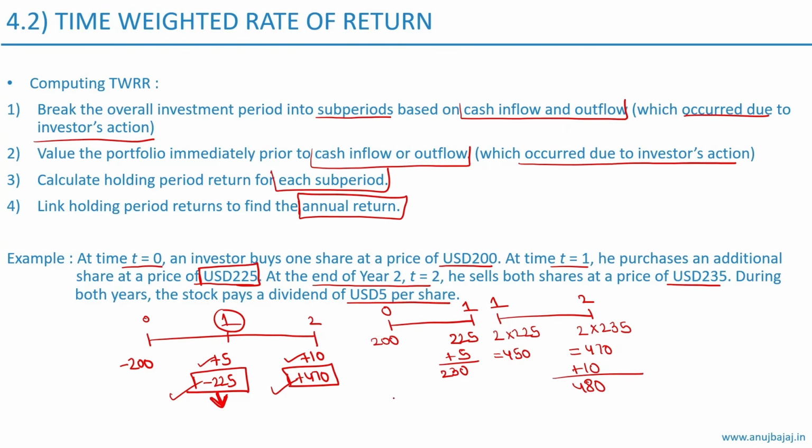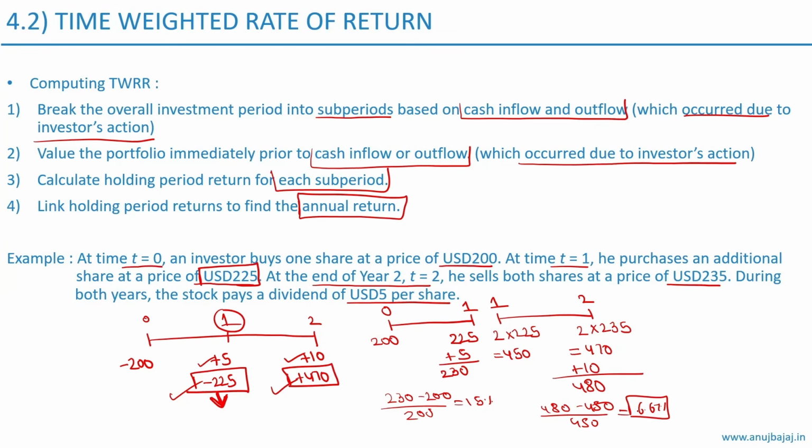So for the first sub-period, the holding period return is 230 minus 200 divided by 200, which is 15%. The holding period return for the second is 480 minus 450 divided by 450, which should give us 6.67%.